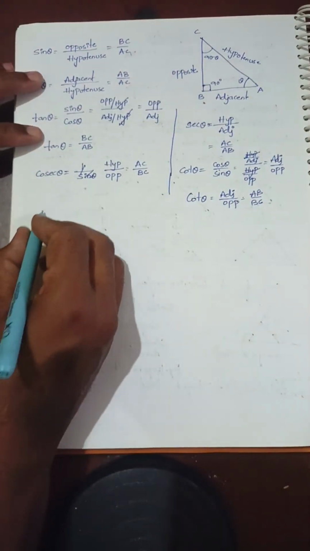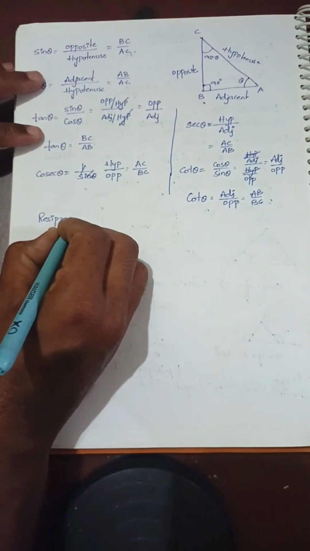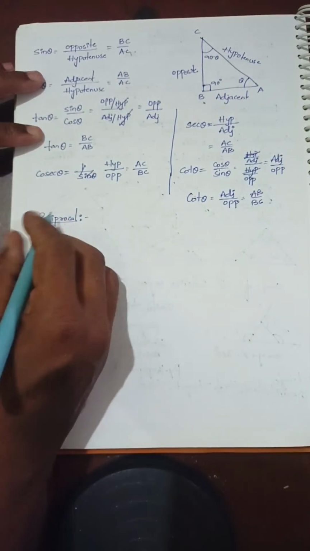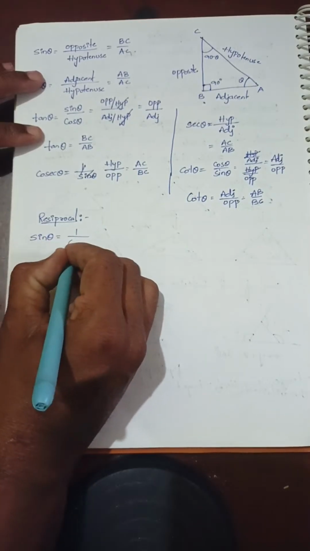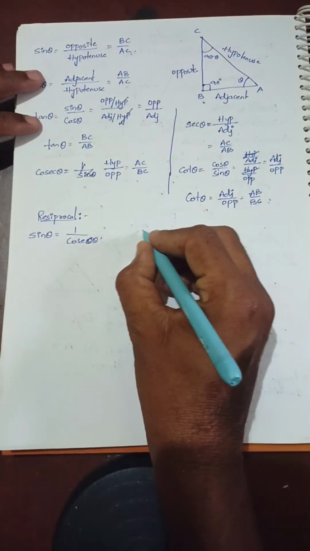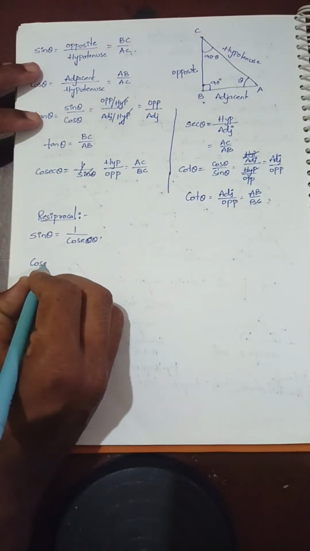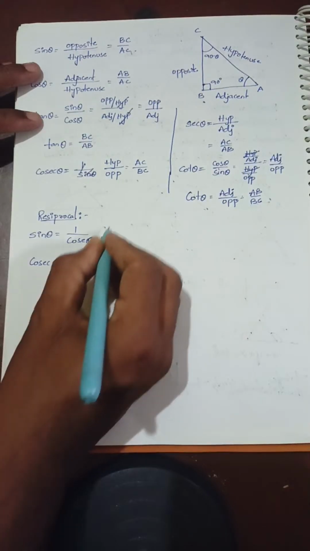Now we are going to write the reciprocals of trigonometric ratios. See, sin theta reciprocal is 1 by cosec theta. Cosec theta reciprocal is 1 by sin theta.